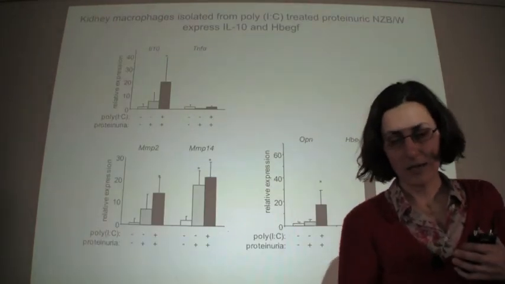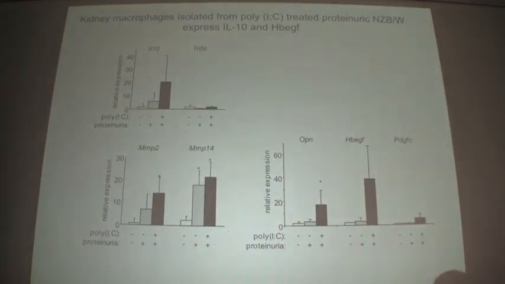And so we isolated the macrophages, and I think this is the one important piece from this older story. People think of macrophages as pro-inflammatory, so they would secrete, let's say, TNF, and actually TNF is known to be increased even in this model, in lupus nephritis, but the macrophages don't express TNF. I think that's also important because more recent work has shown that when you stimulate kidney macrophages with immune complexes, they produce TNF.